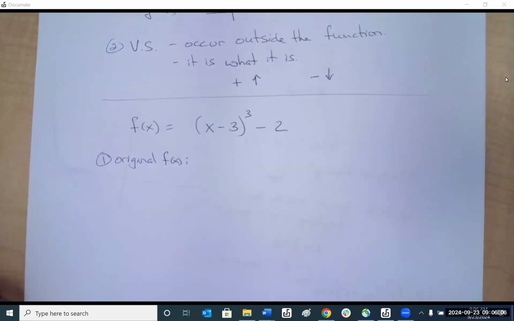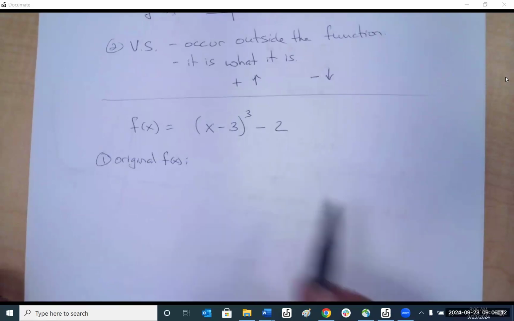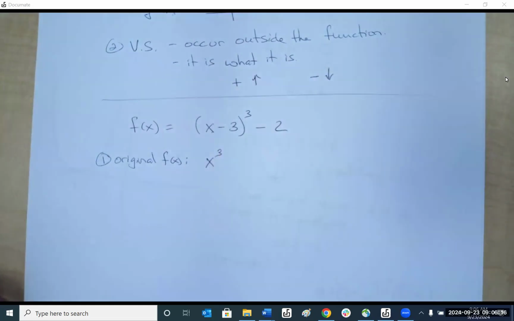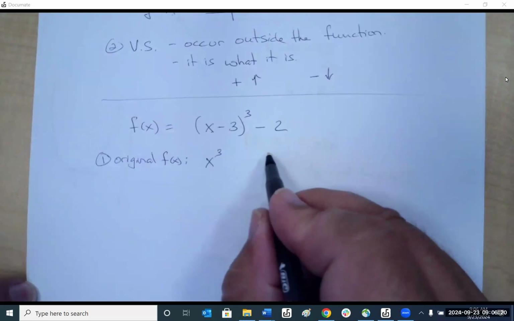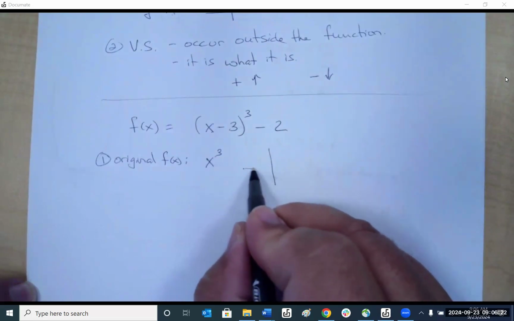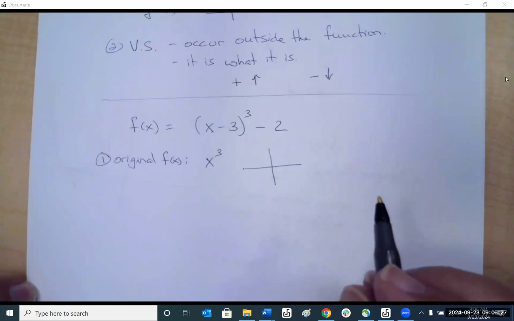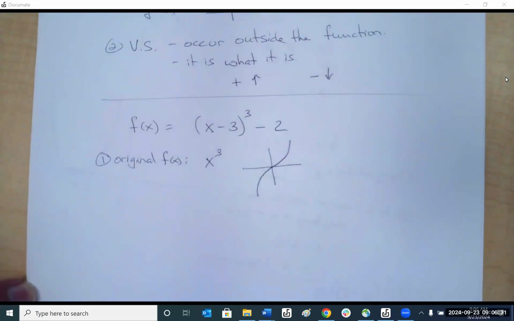What's the original function from our library of functions of this equation? That would be the key function. Yeah, it'd be x cubed. Just get rid of any other things. So what does that look like? What does the x cubed function look like? It's an increasing function.